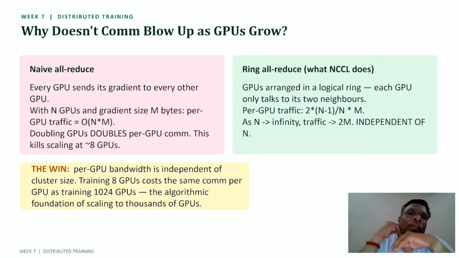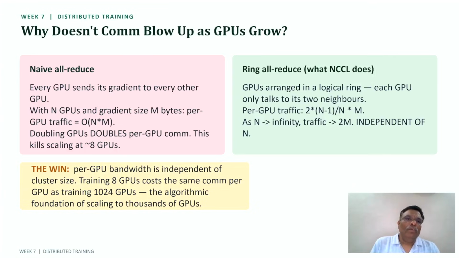That effectively tries to answer the question: if the number of GPUs grow, how do we ensure that the communication between the GPUs is not a bottleneck for the increase in the throughput?